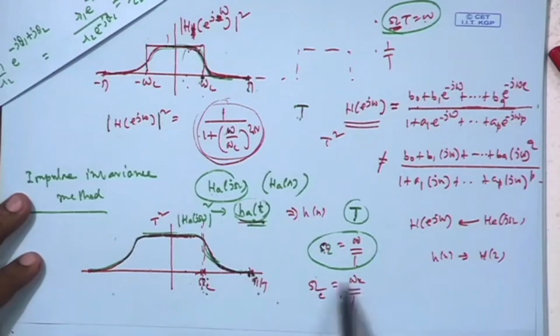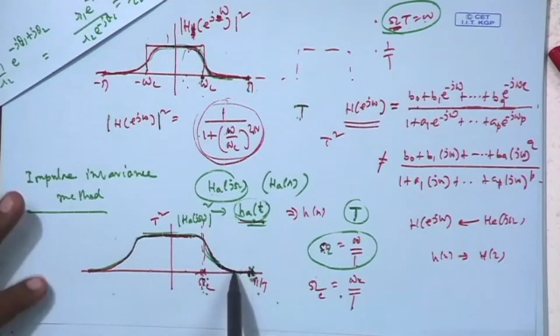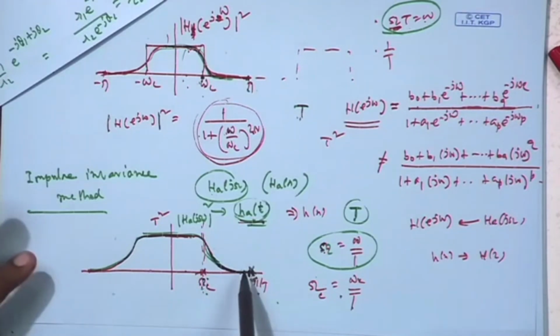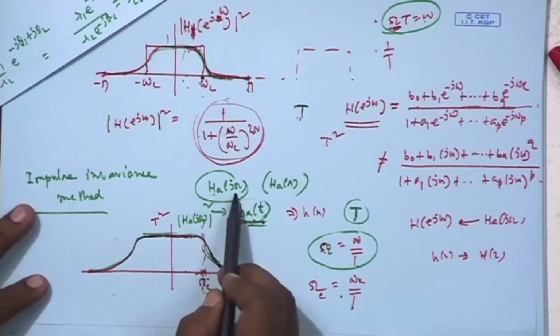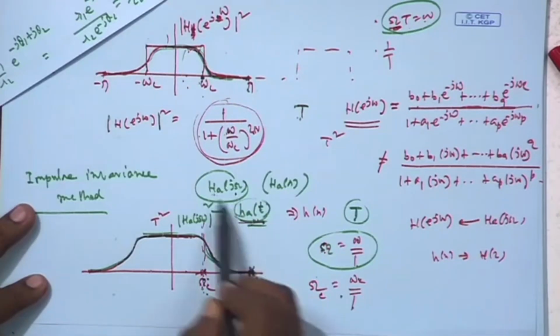If small omega c is much less than pi, omega c by t is also much less than pi by t, and the order is large, so it will fall down to 0, which means when I reach the half sampling frequency, the magnitude response has already become 0. So, if I take this H j omega and take the H a t, how to get the H j omega?